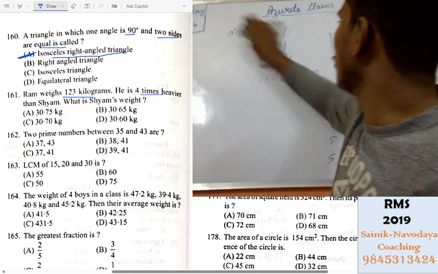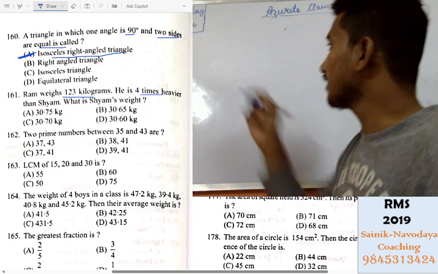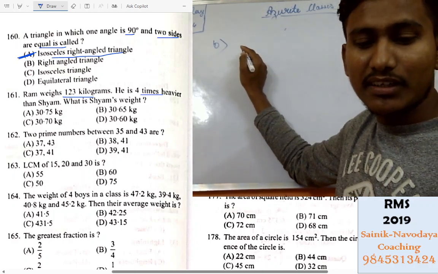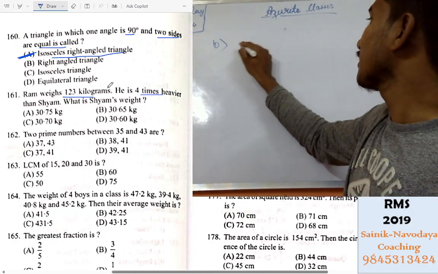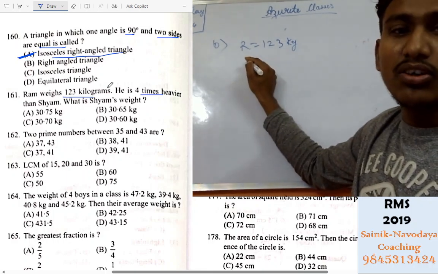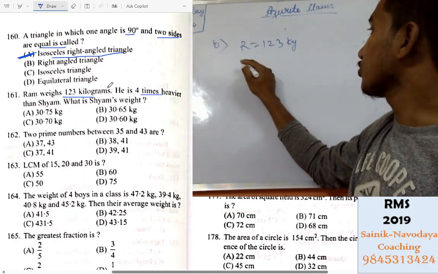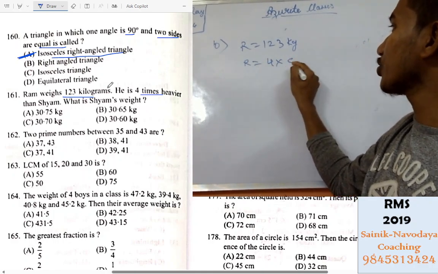So now, that is the question. Ram's weight is 123 kg, and he is 4 times heavier than Sham.